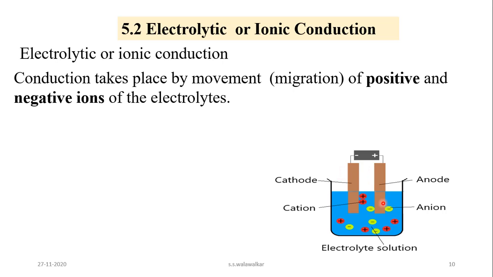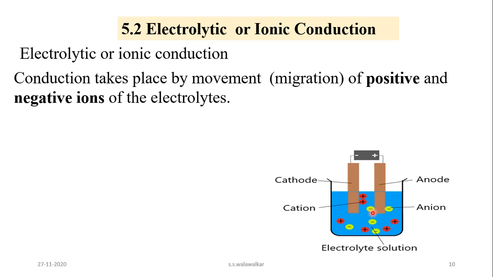And when electricity is passed through them, what happens? The negatively charged chloride ions move towards the positively charged anode, and they get discharged and form chlorine atoms, which are unstable.